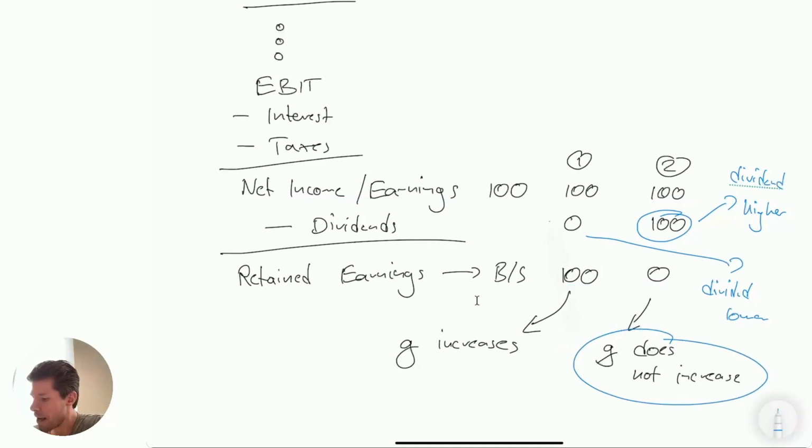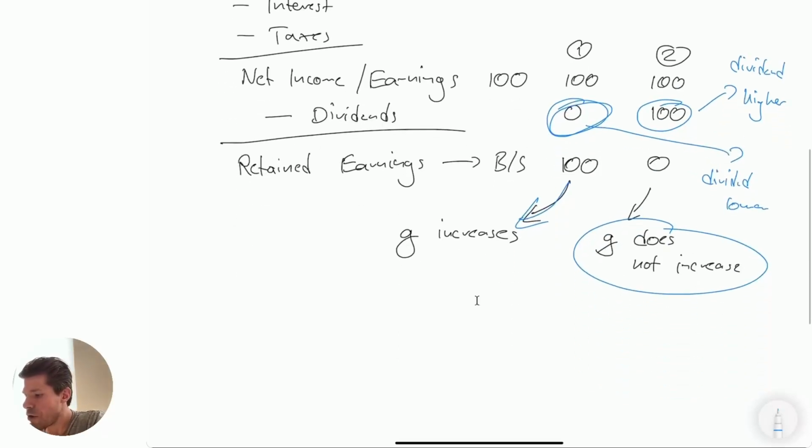If the firm pays a low dividend, it can invest a lot, higher G. So there are only two options: either you choose high dividend, low G, or low dividend, high growth rate. You can't do both. I've used the extremes here to illustrate, but you can't do both.